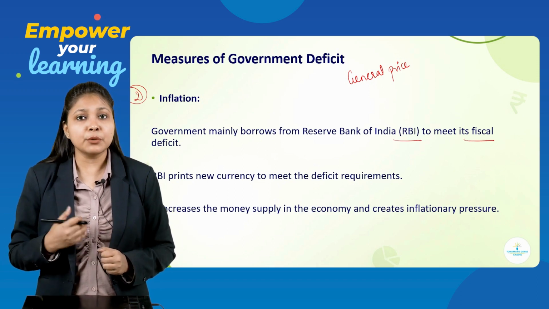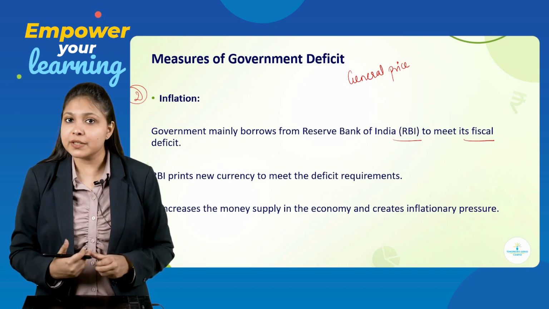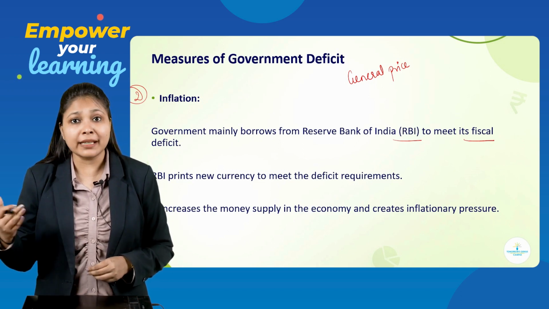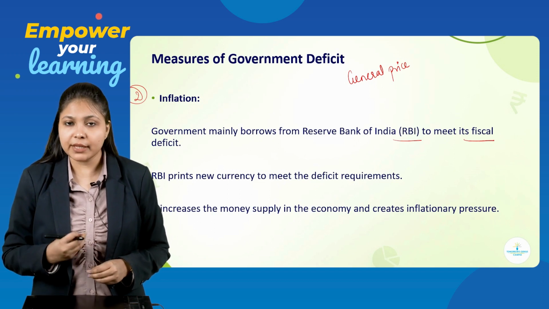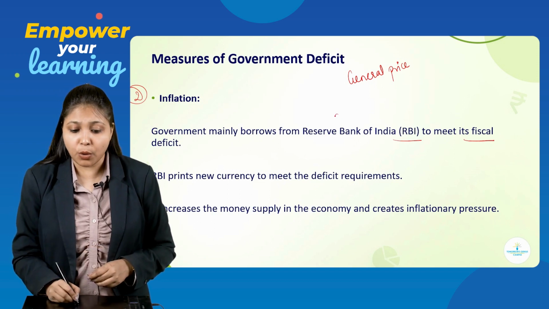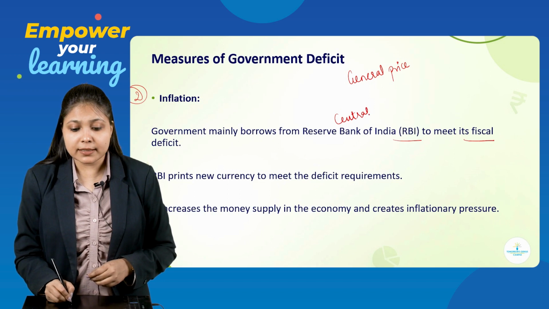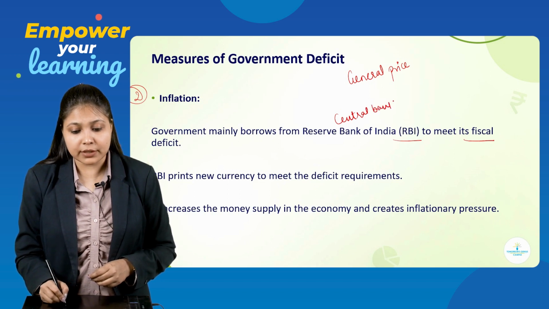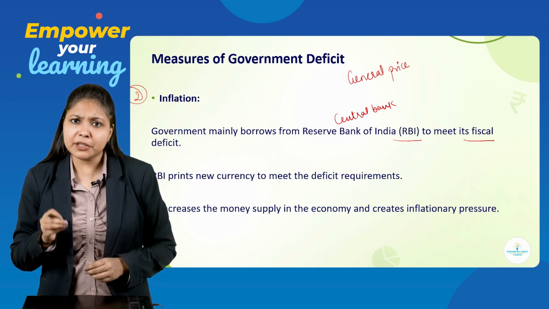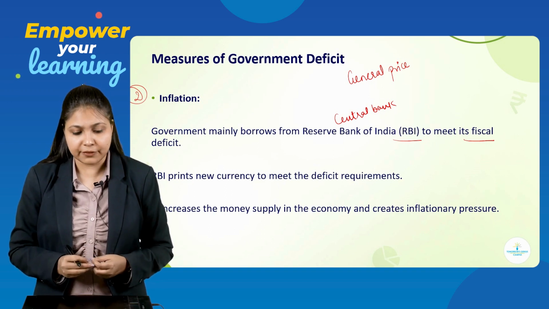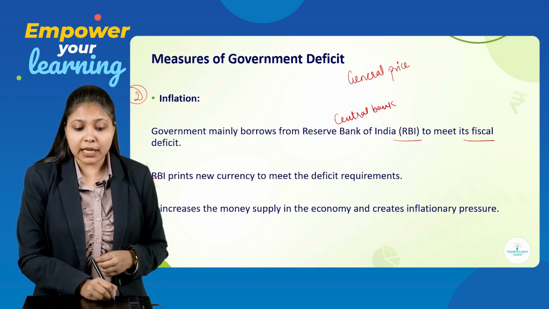Whenever the government is in a fiscal deficit, it will ask for help from the RBI, that is the Reserve Bank of India, and we all know this is the central bank of the country. So the government will go to the RBI for help whenever it is in a situation of fiscal deficit.